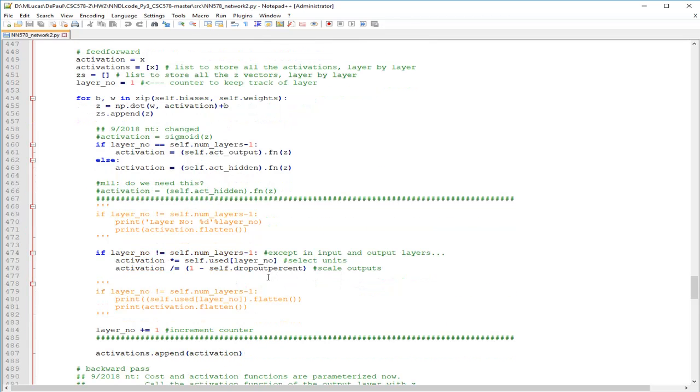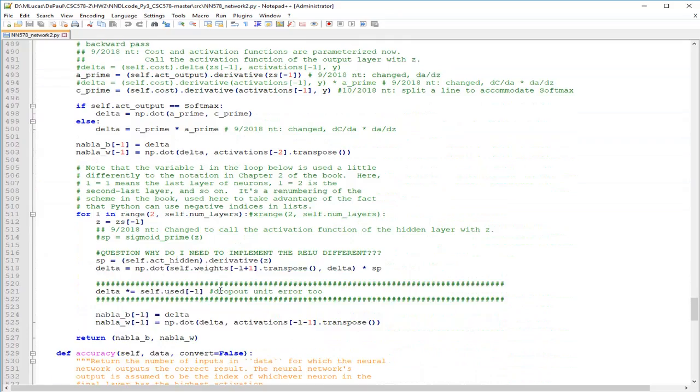Here, notice that it's being used in the feed forward, and it's also used in the backward in order to ignore the errors of the neurons that are removed with the dropout functionality.